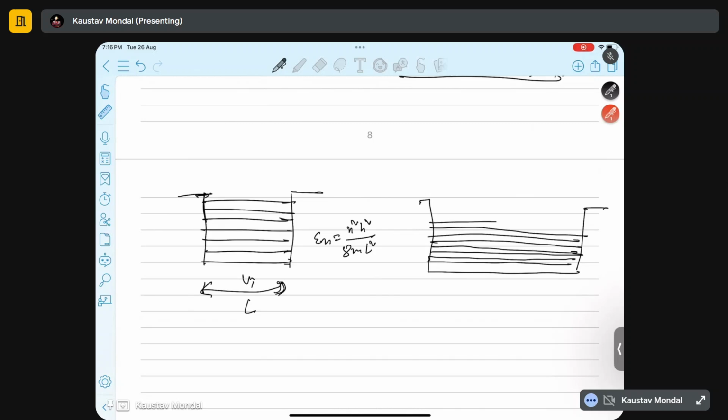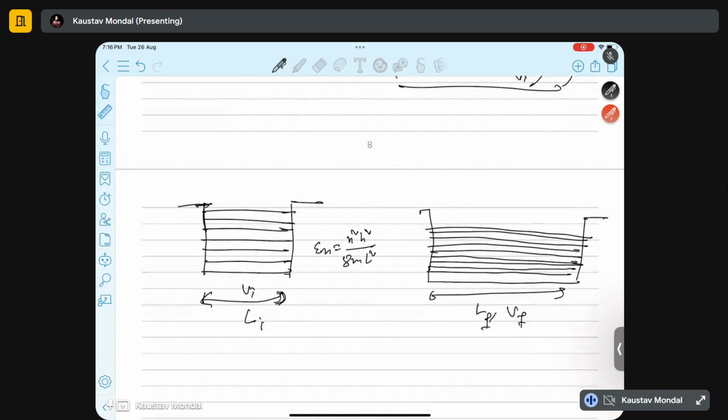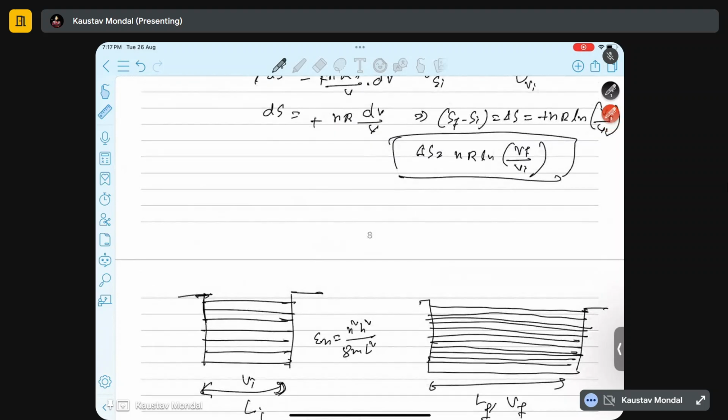If we increase the L, Vi goes to Vf. As a result of this, there are more accessible states for a particle, right? This is basically the physical reason why increasing the volume makes more available states for a particle, which results in the increase in the entropy of the system.